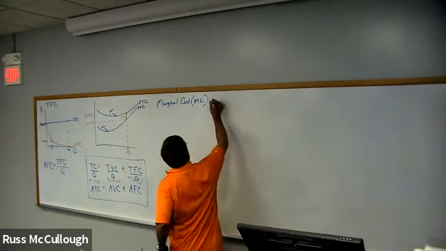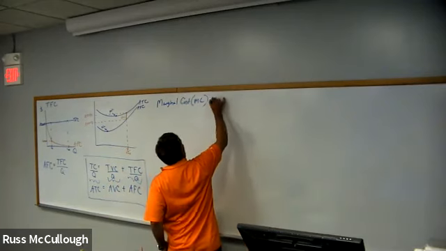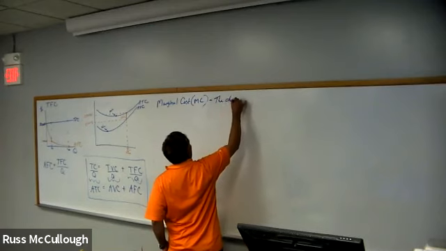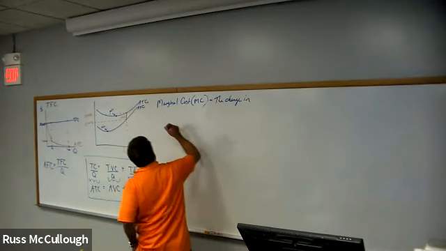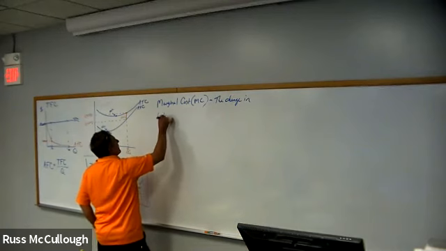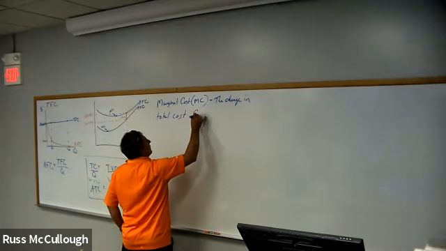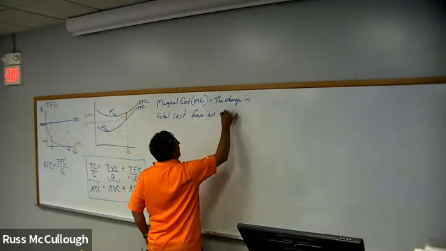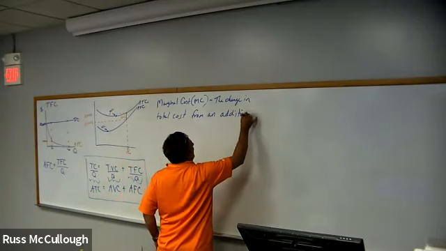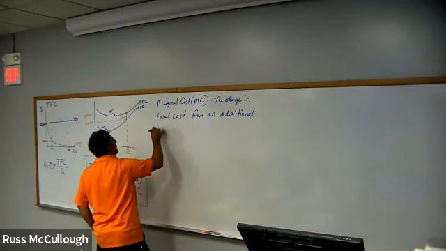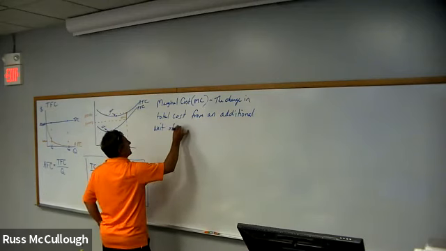So marginal cost is the change in total cost from an additional unit of production.